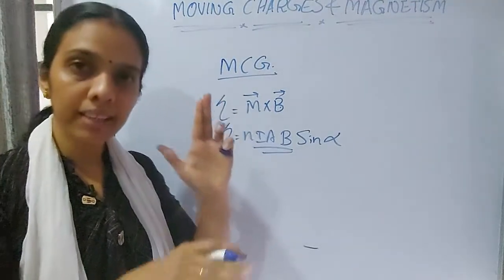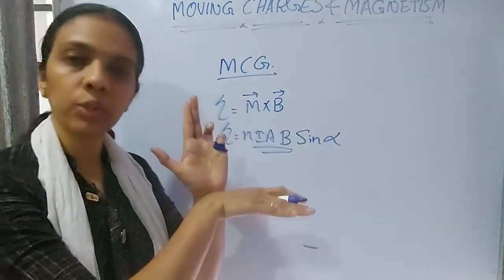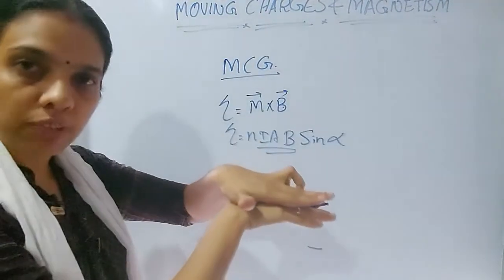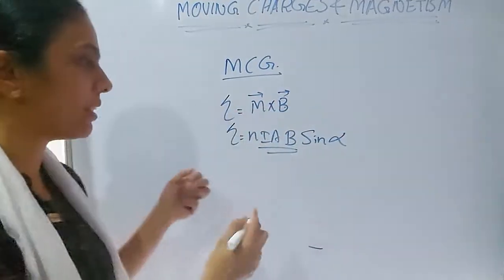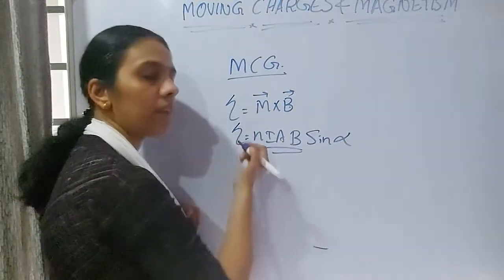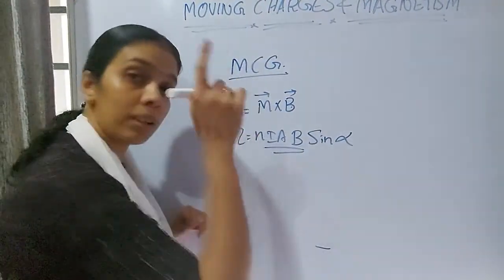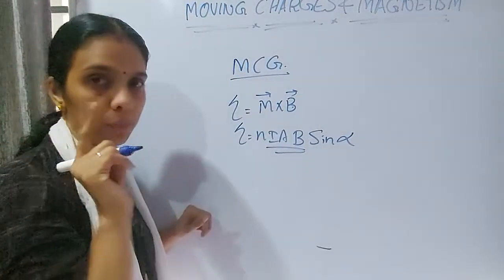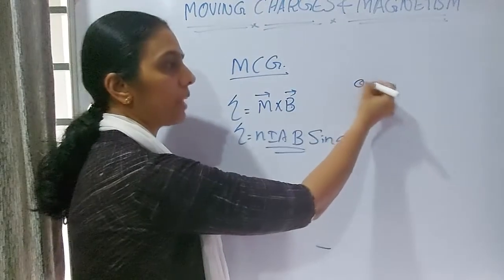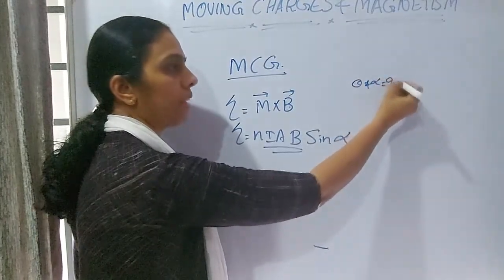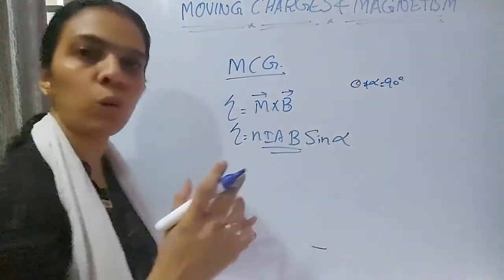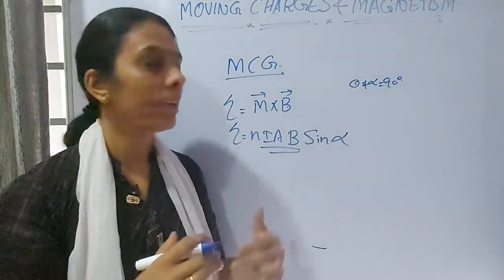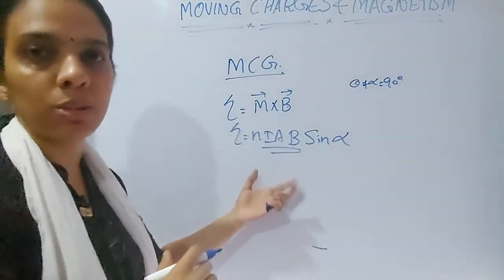Then the area vector will be perpendicular to the magnetic field, alpha will be equal to 90, and theta will be equal to 0. Theta plus alpha we gave as 90 degrees. If you didn't watch the previous video, it is given in the description box. Please watch it and then come back to this topic.